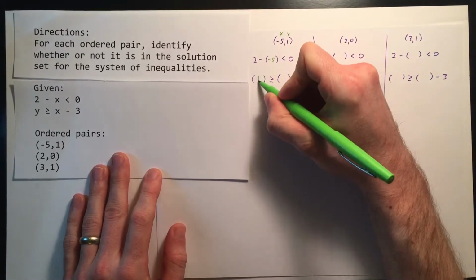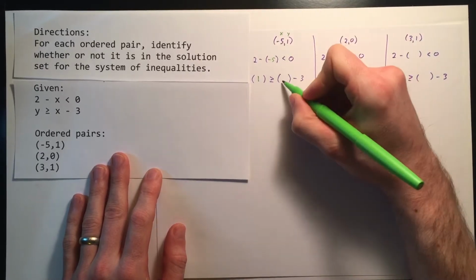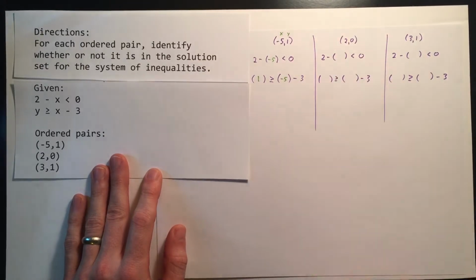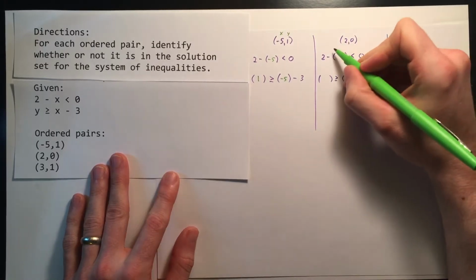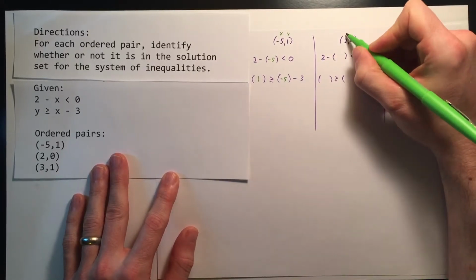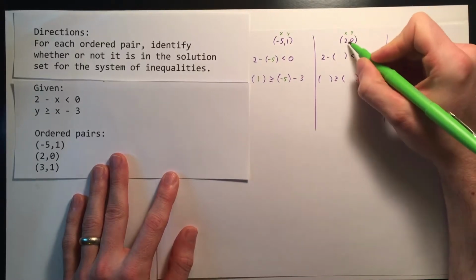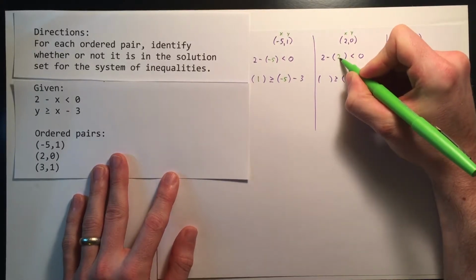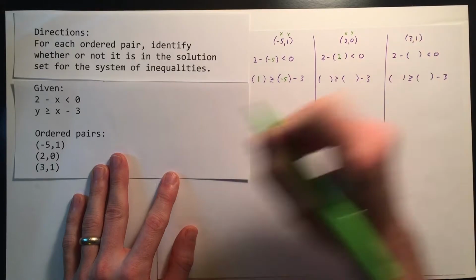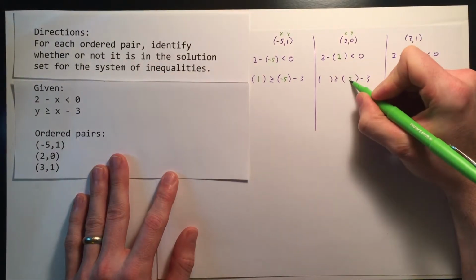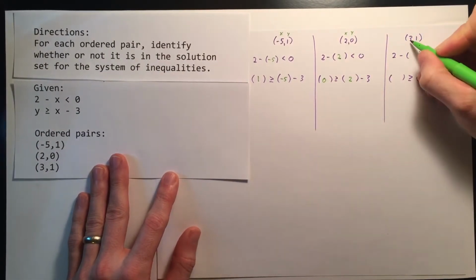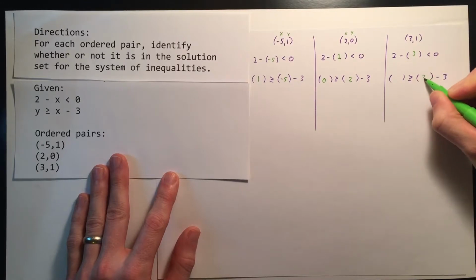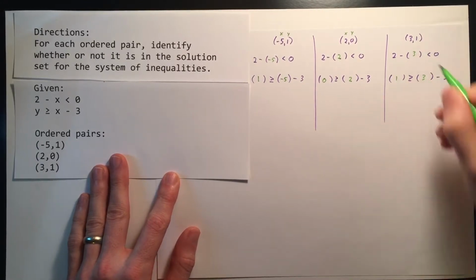The 1 goes there, and the negative 5 goes where the x was, there on the right side of that inequality. And I'm just going to go ahead and do that for the rest of the problems. So the x goes here, and in the next one, the x goes on the right side. And the y goes here. The x goes here, and the y goes there.